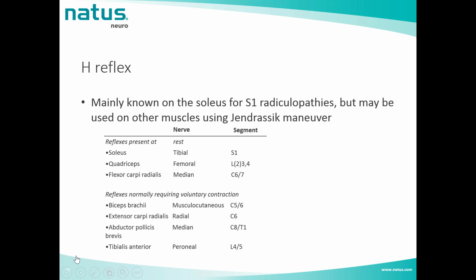Studies have been performed on another array of muscles where it was said to be extremely difficult to get an H response despite this Jendrassik maneuver. So this table here provides you the muscles where it was written we could get an H response fairly easily with patient at rest or patients slightly contracted.